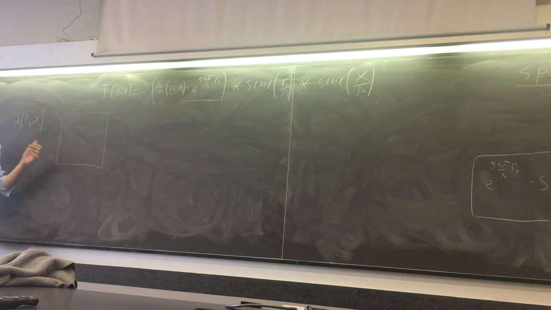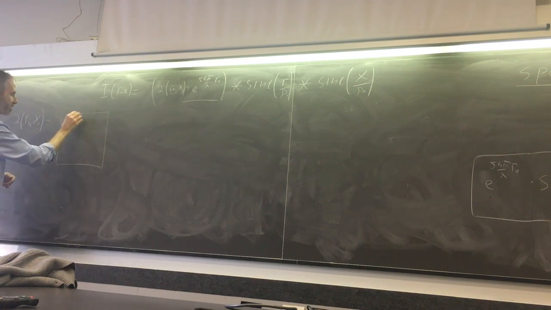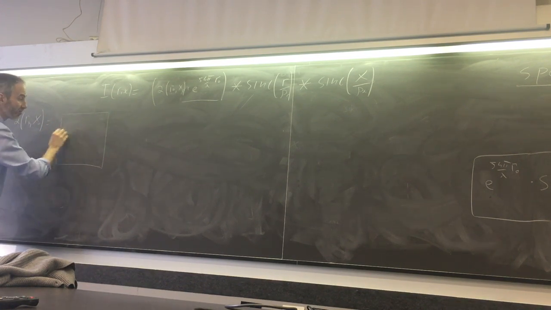Let's say that all of these targets have the same intensity. And so this matrix should be uniform, is uniform.